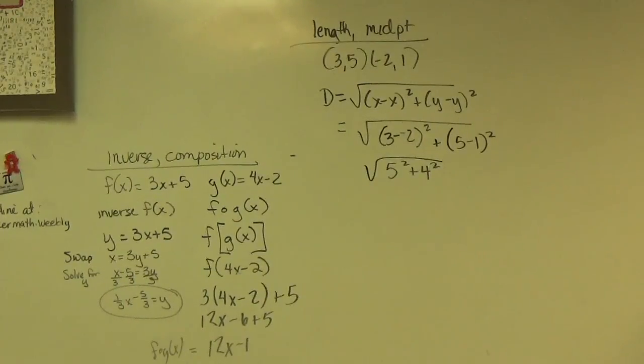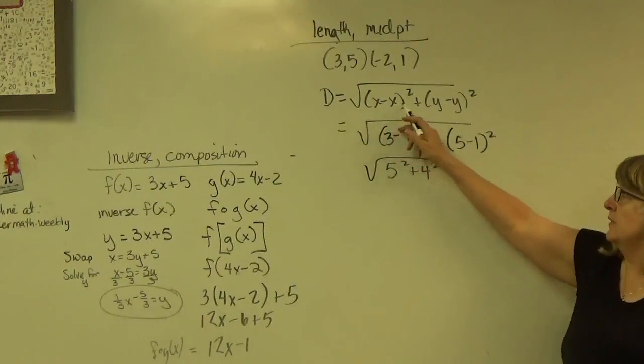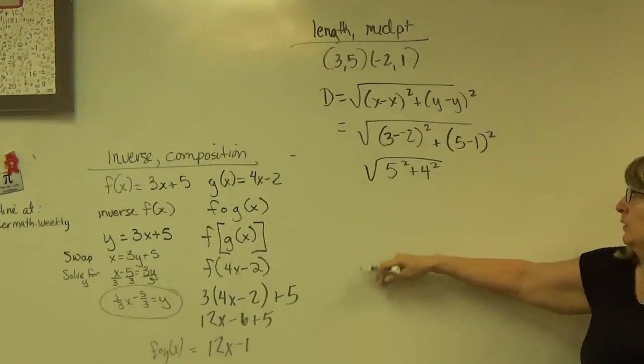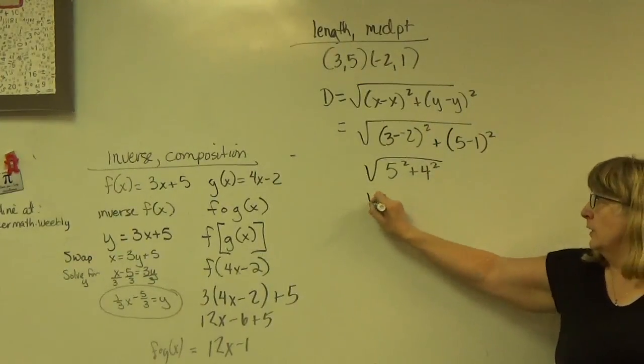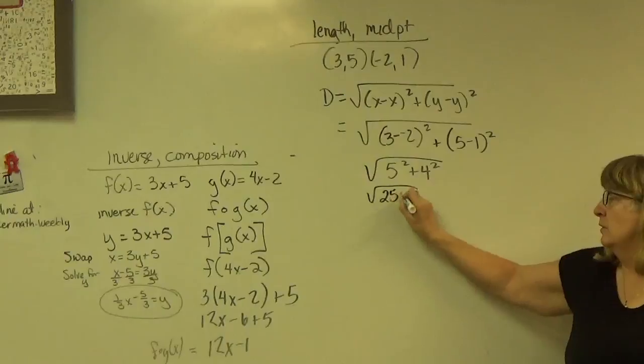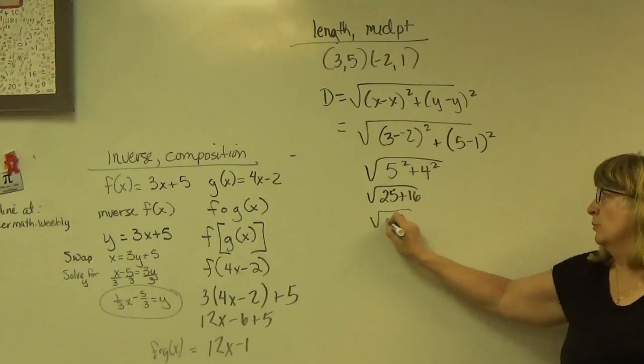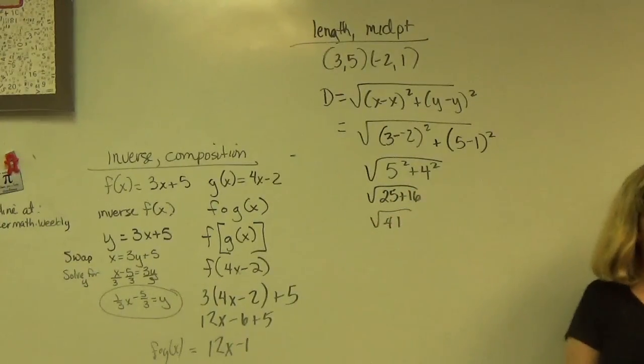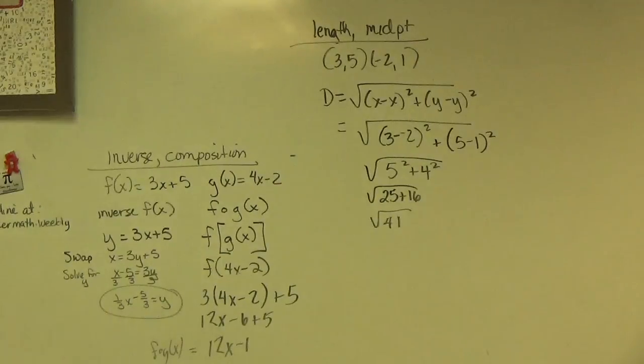Square each of them and add them together. So again, it's just the distance formula, x minus x squared plus y minus y squared, and you add them together. So we're going to end up with what? 25 to the square root of 41? Okay, is everybody good on the distance formula? And that's the length formula.